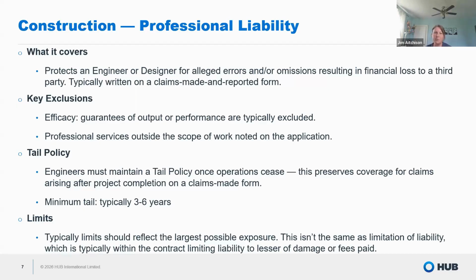The other general exclusion would be professional services outside of the scope of work noted on the application. Just because you purchase a professional liability policy doesn't mean you're covered for everything. Say you're a solar designer and you decide to get into wind or batteries, but you don't tell your insurance company that you're shifting into a different technology space.